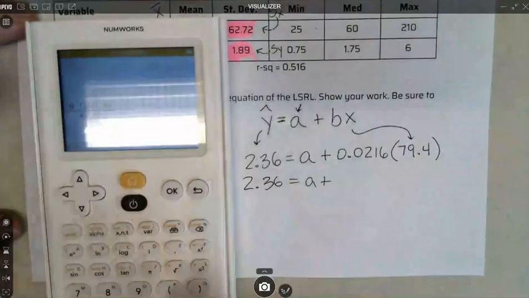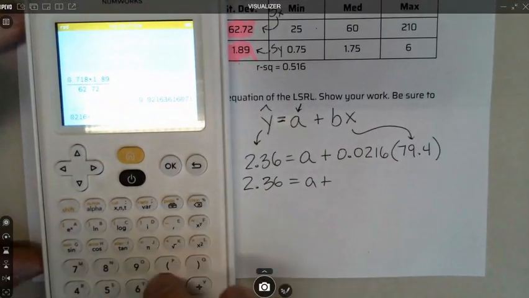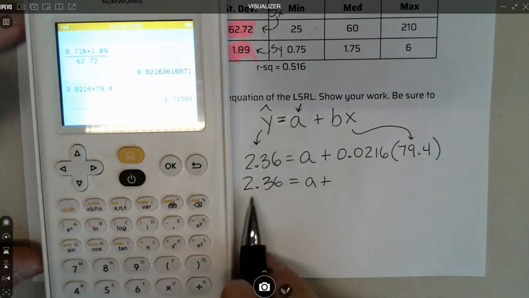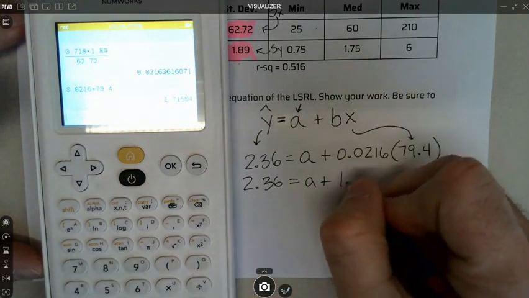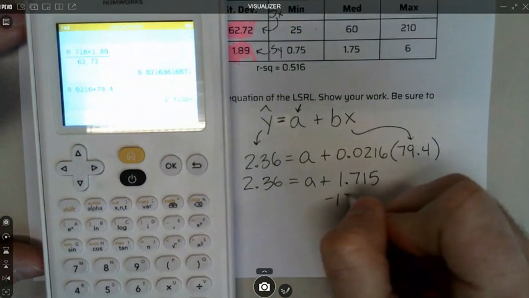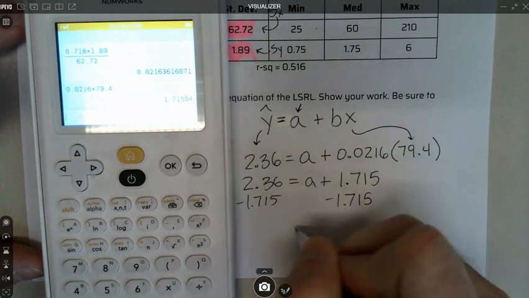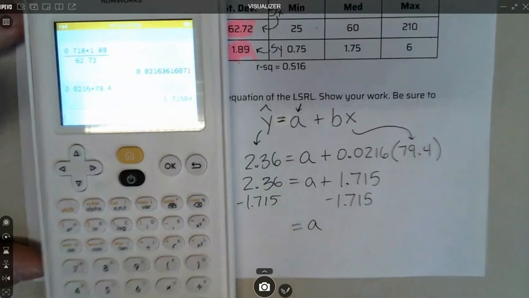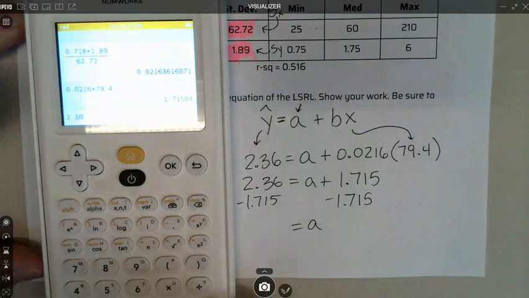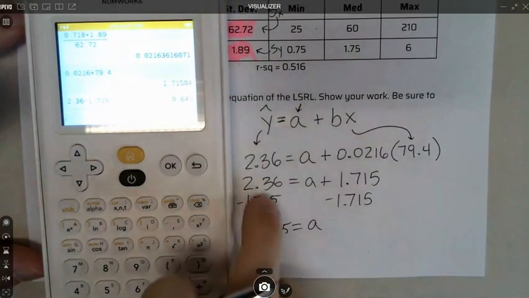So we'll evaluate 0.0216 times 79.4. So 2.36 equals a plus 1.715. And then we'll subtract that 1.715 from each side. And that will solve us for our y-intercept. So 2.36 minus 1.715 gives us a y-intercept of 0.645.